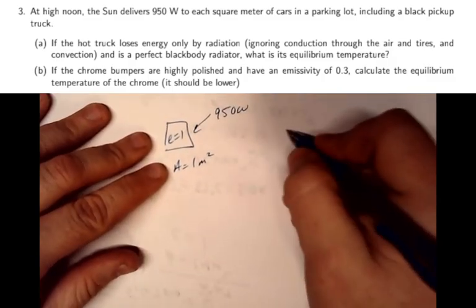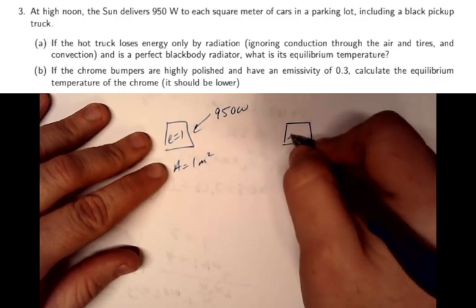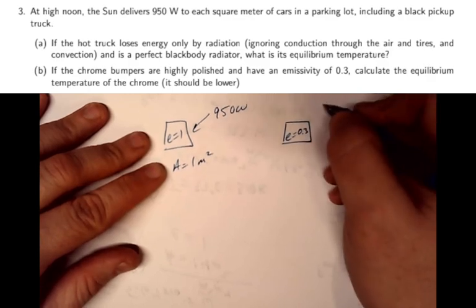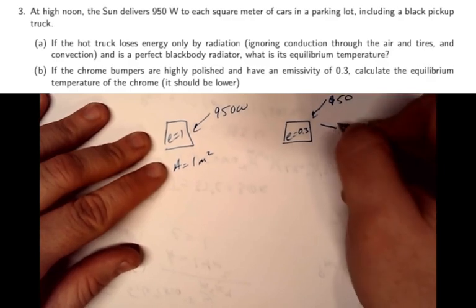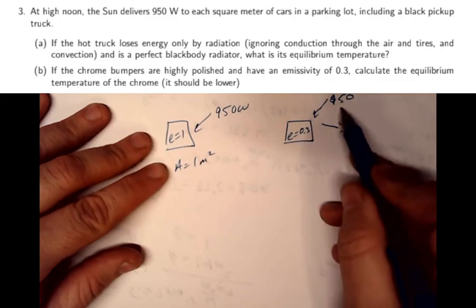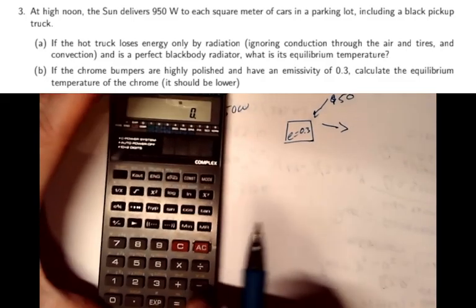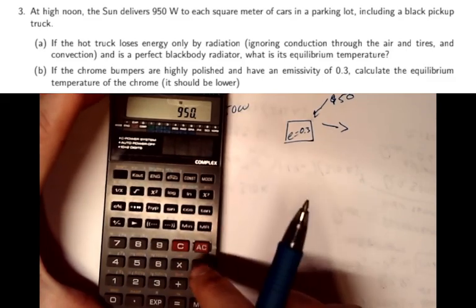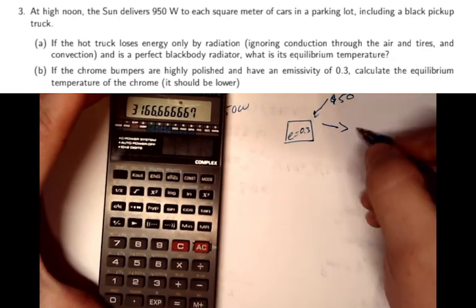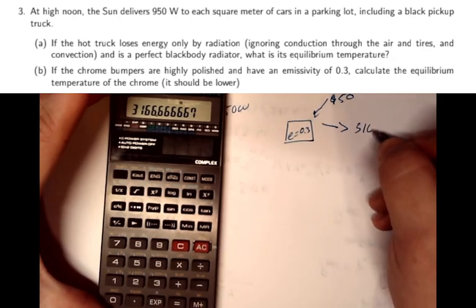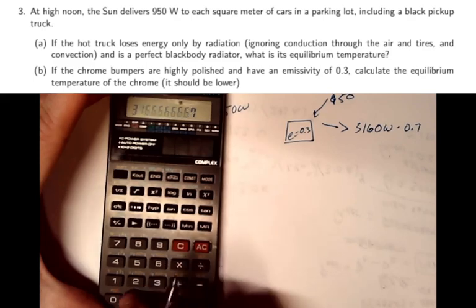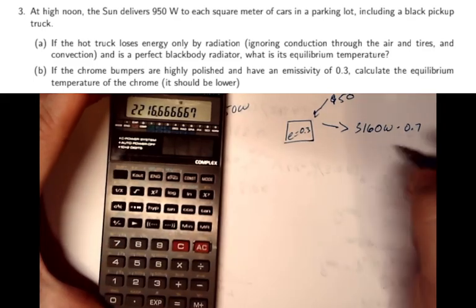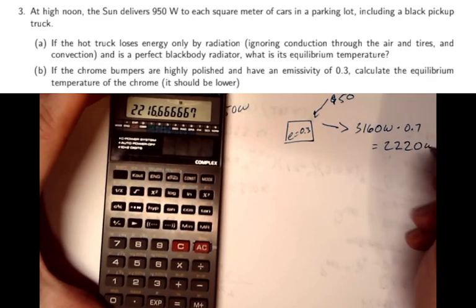So another object over here, E equals 0.3, if it absorbs 950, then it has to bounce some out. 950 divided by 0.3 ends up being 3160 watts times 0.7, so 2220 watts.